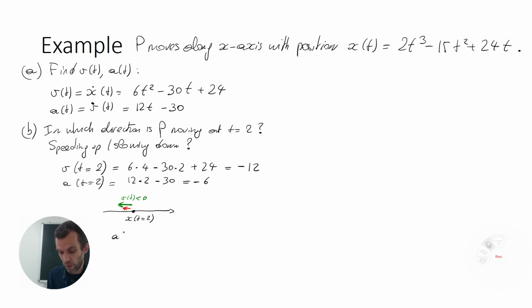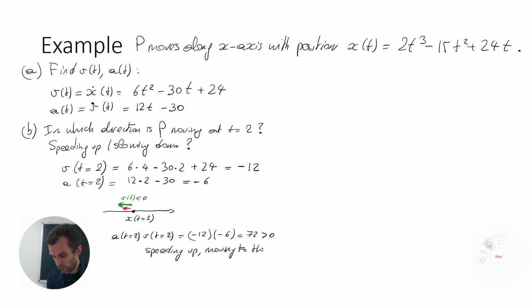So we take the product, minus 12 times minus 6 is 72, which is positive, so speeding up and moving to the left.